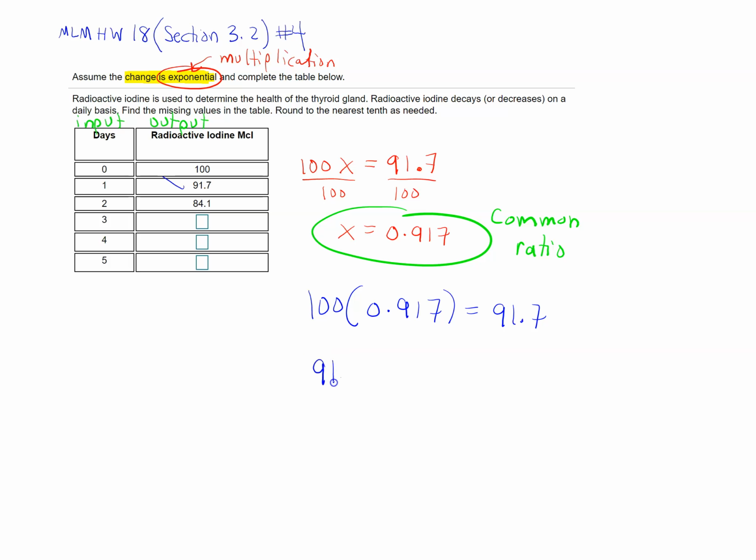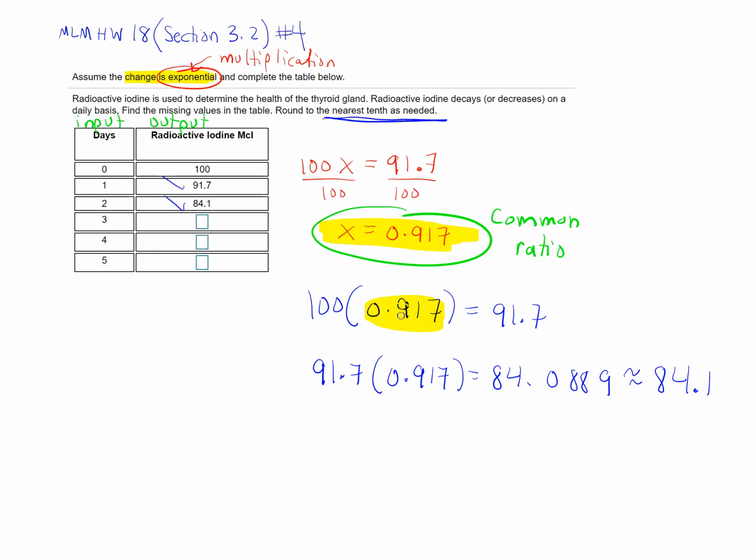Now I'm going to take the 91.7 and multiply that by my common ratio. So let's type that in my calculator, 91.7 times 0.917, and I get 84.0889. Well, I'm being told to round to the nearest tenth, so that's approximately 84.1, and I see that in my table. So I'm pretty sure that I found the correct common ratio because I've repeatedly multiplied by that number twice, and it's giving me the correct outputs.